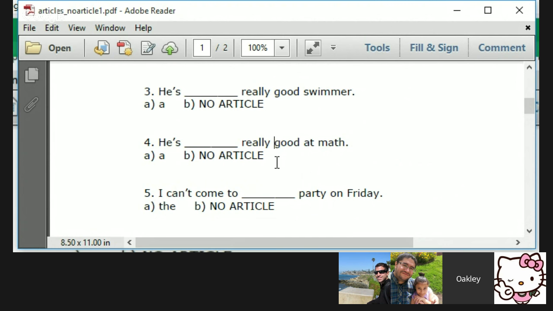Why is there no article in this sentence? Because it's a quality of the person, because "really good at math." All right, and to make it even more simple, "at math" is a prepositional phrase, added information. It's not an object noun. So in reality, there's no noun.